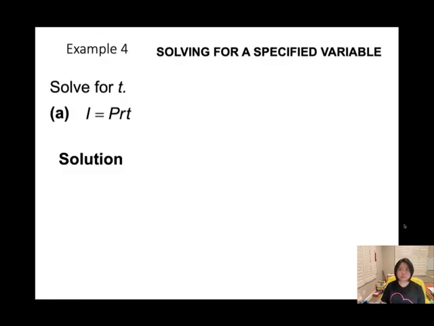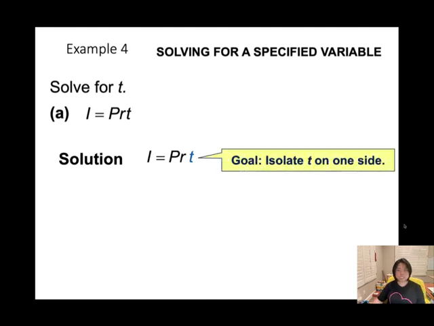Solving for a specific variable. So we have the simple interest formula. But right now, I may want to solve for t. I want to know what t is equal to. So we want to isolate the t on one side. We want to get rid of the p and r. So what are we going to do? This is a multiplication, right?